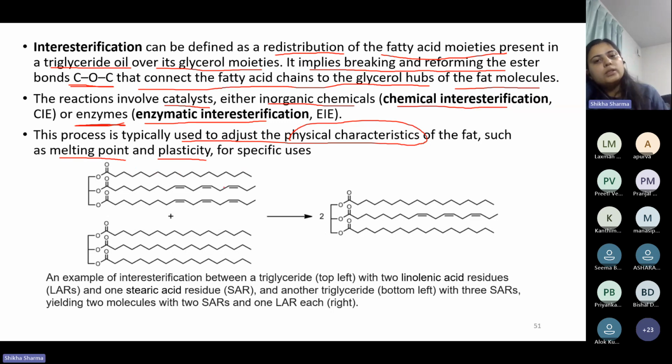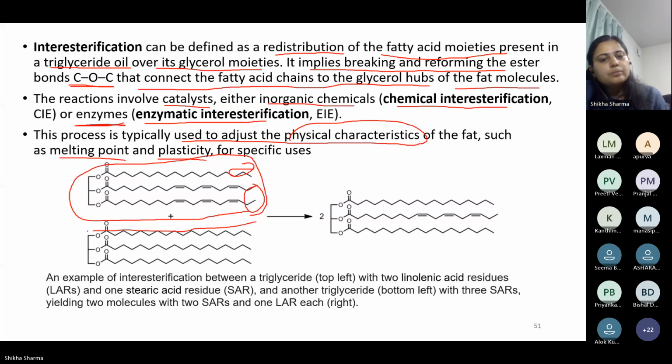So there is this example of triglycerides, where two chains are linoleic acid residues and one is a stearic acid residue. In the bottom triglyceride, we have three stearic acid residues.